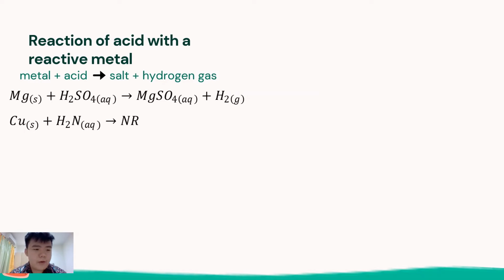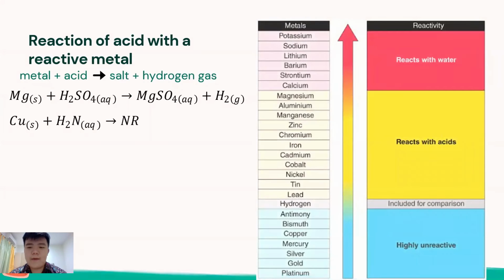But for copper, when it reacts with H2SO4, no reaction happens, because don't forget about the reactivity series of metals. We can see that hydrogen is more reactive compared to copper, hence copper cannot substitute hydrogen in this.